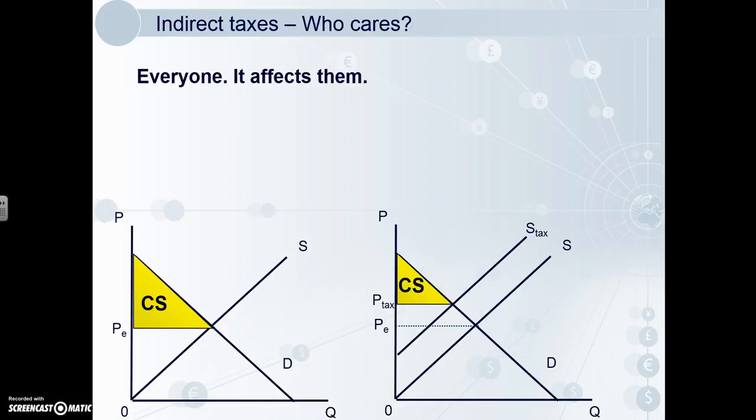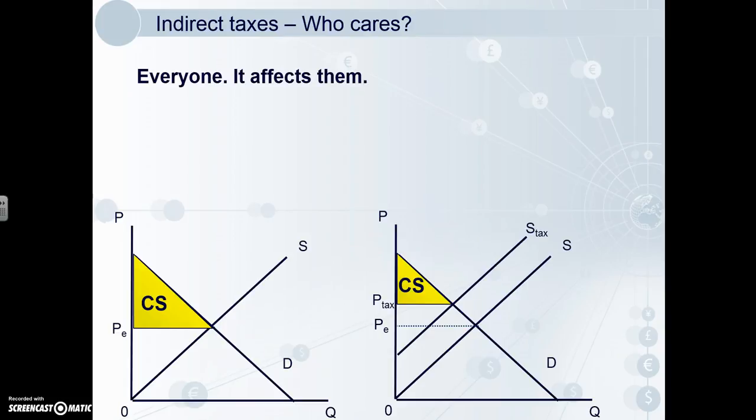This shouldn't be a surprise, as the price has gone up, and due to the law of demand, quantity demanded decreases. Consumers get to enjoy less of the product, and the units of the product that they do enjoy now cost more. And that's due to the price rising to this P tax, the new equilibrium price when there's a tax.